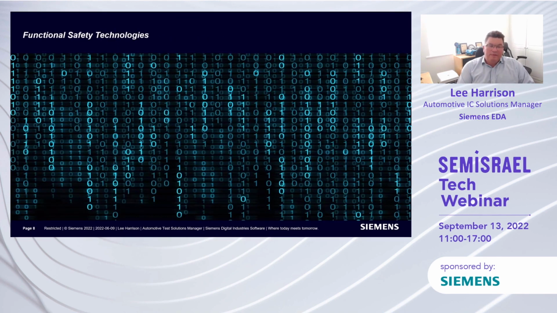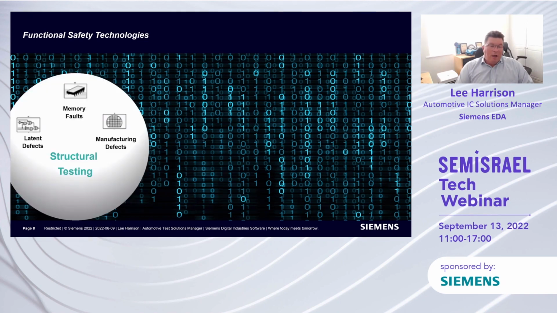So within Siemens Tessent group, what sort of technologies do we have that help you achieve those ISO26262 goals? So first of all, we have a whole range of structural test technologies, looking at memories, logic, really trying to identify as many potential defects within the silicon as possible.